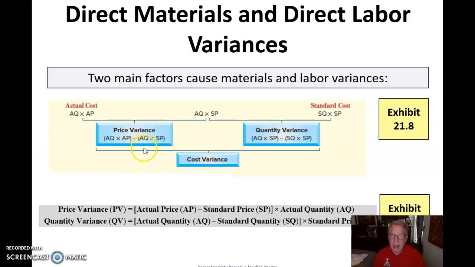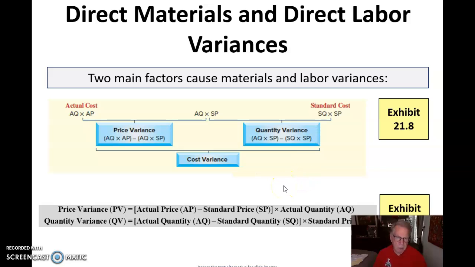Okay, and that is going to give us our price variance. But we can also use more or less quantity than what the standards suggest. And that's what the quantity variance is going to be. We're going to compare standard over here to actual standard here in the middle, and that's going to give us our quantity variance.